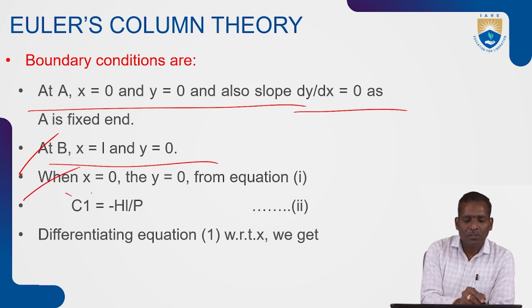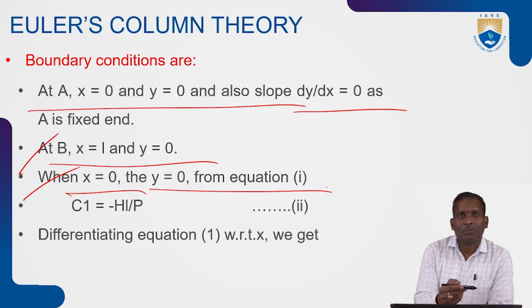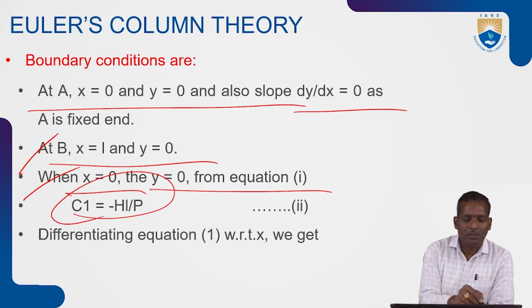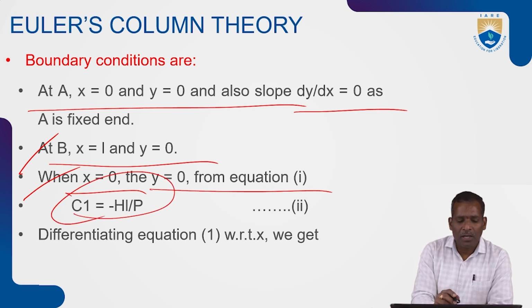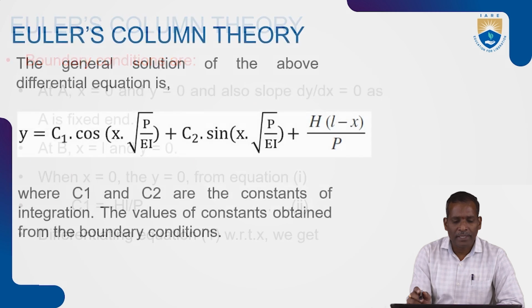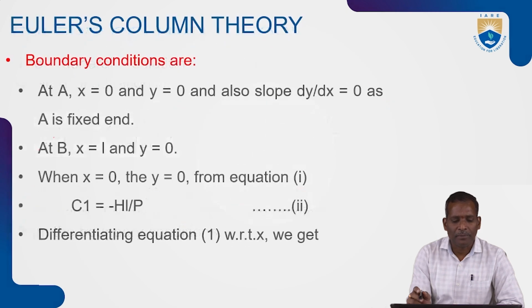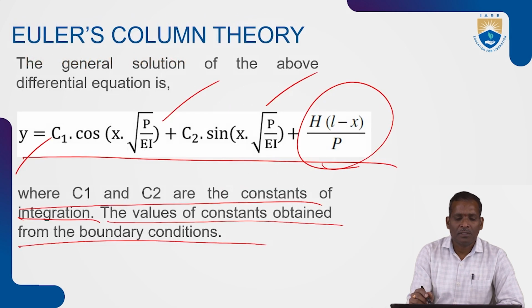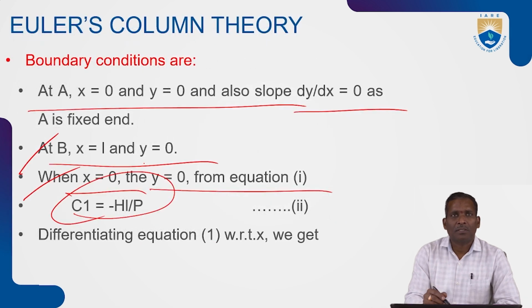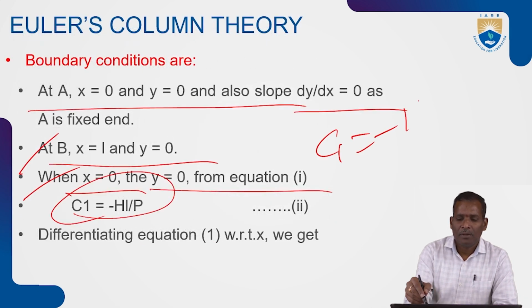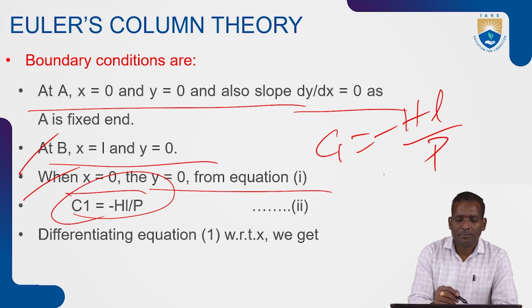When x is equal to 0 and y is equal to 0 in the equation, you will get C1 equal to minus H L by P. Substituting, you get C1 equal to minus H L by P.